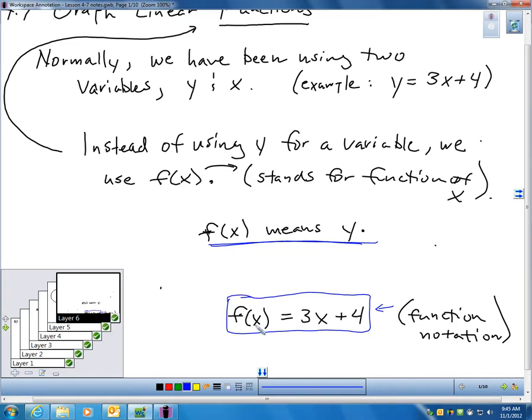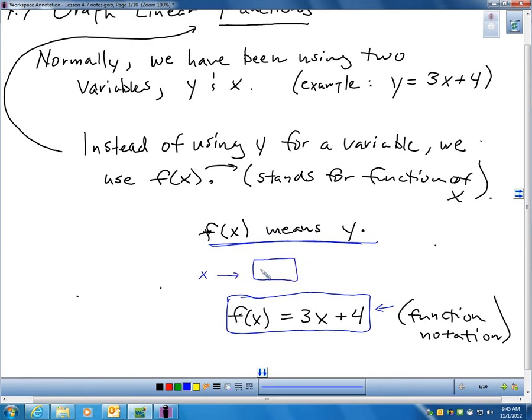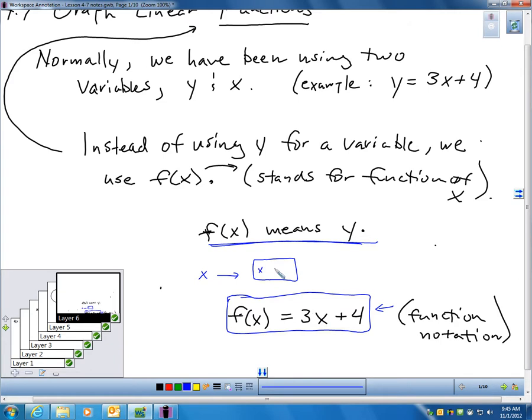So again, this is telling me if I plug x into the box, it will take x, multiply it by 3 and add 4, and then spit out a number. So when you see f of x equals 3x plus 4, you can think about that as y equals 3x plus 4. This is just written in function notation.